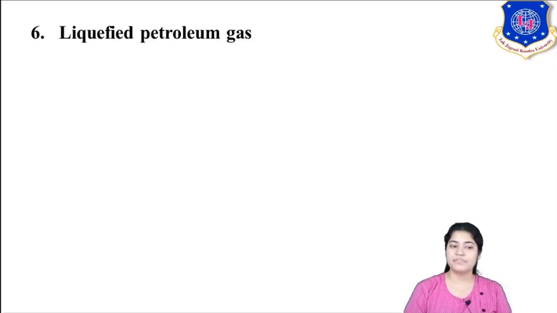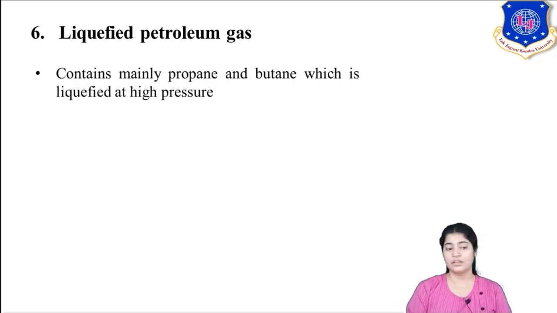Now, another type of gas is liquefied petroleum gas, LPG. When you talk about LPG, we talk about the cylinder at home which we use for cooking purposes. LPG is a subsidized gas; the government has specially aided it and stated that it has to be used solely for cooking purposes.